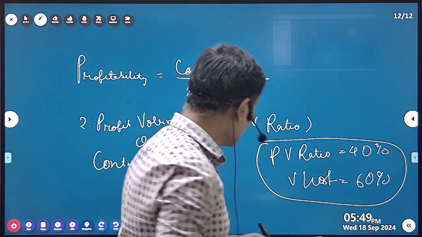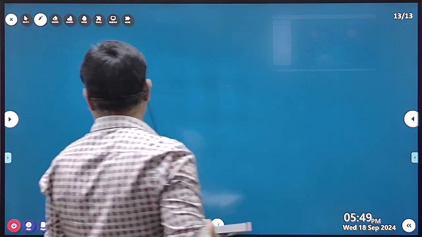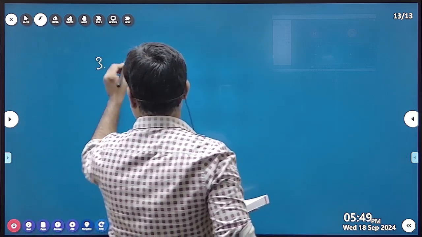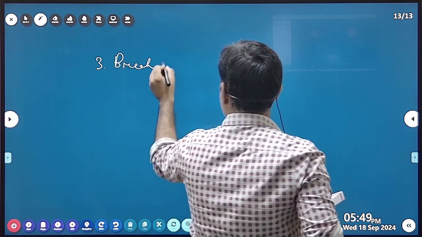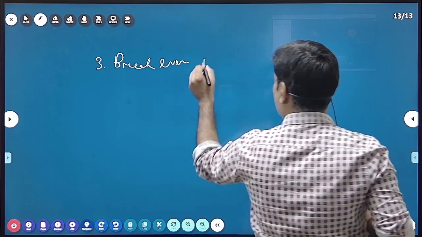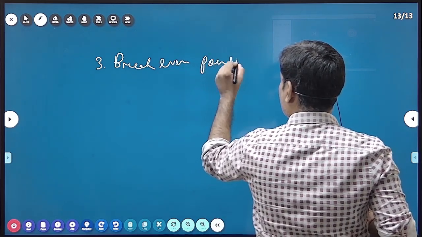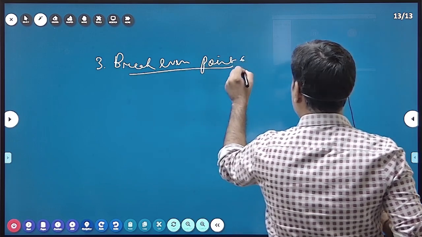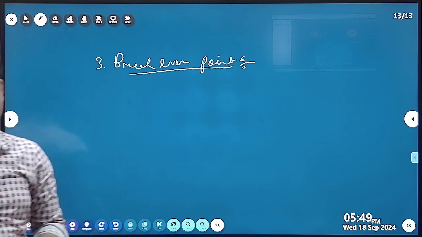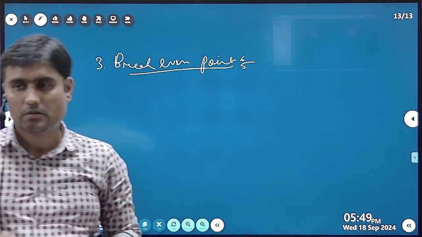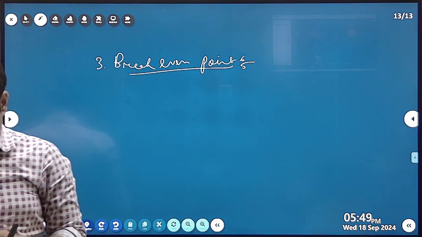Break even point. Our next point is break even point. What is break even point? Break even point is that point where there is no profit or no loss. Right, no profit, no loss.